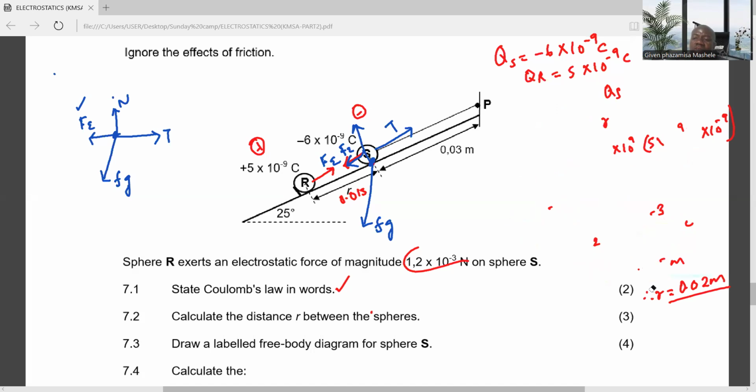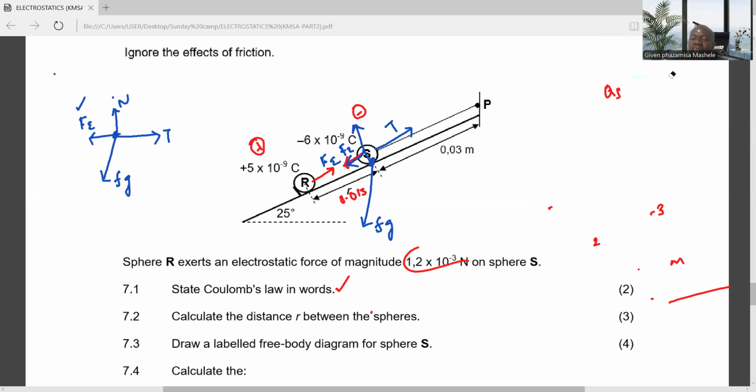But now we know that since we are dealing with an inclined plane here, we have to resolve the force of gravity into components, because we want to know the tension. We have to show all the forces that are acting on the system, and because we have an inclined plane, the force of gravity needs to be resolved into components.